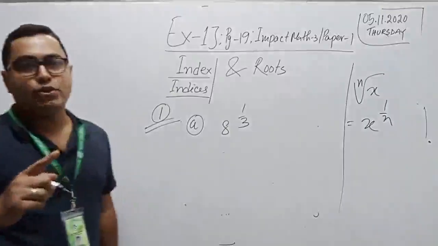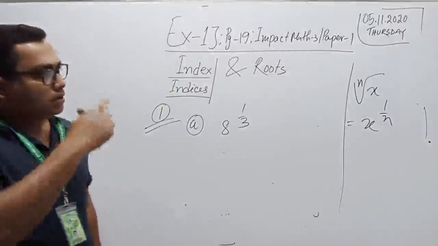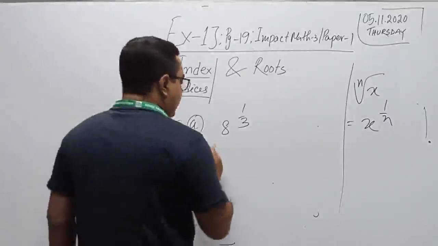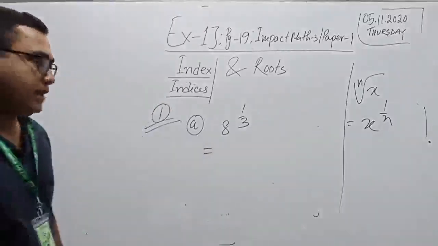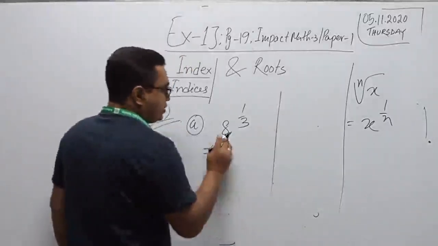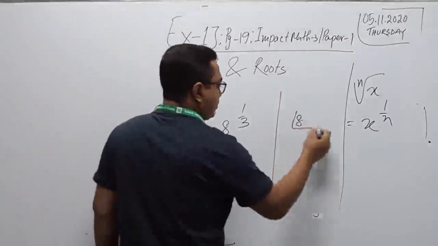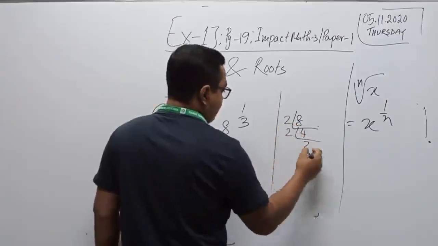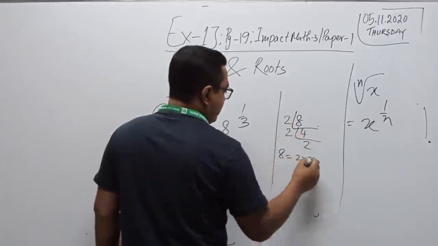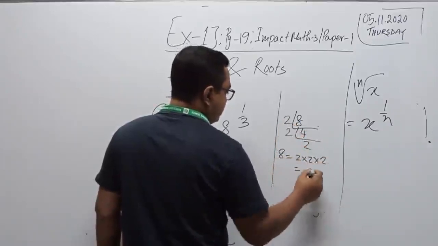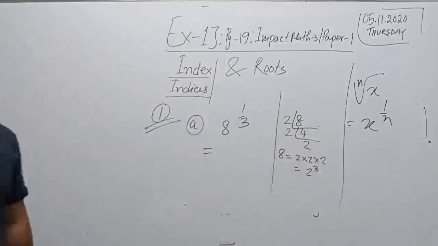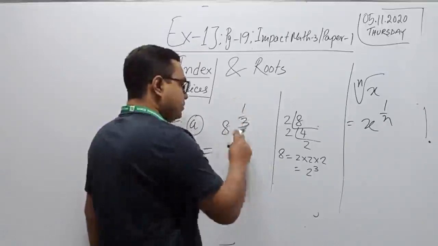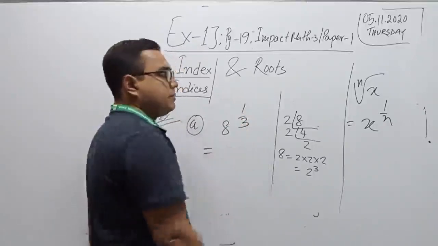So x to the power of 1 by n. Now look here, very simple. 8. Try to find a few factors. So 8 is equal to 2 into 2 into 2, so 2 to the power of 3.